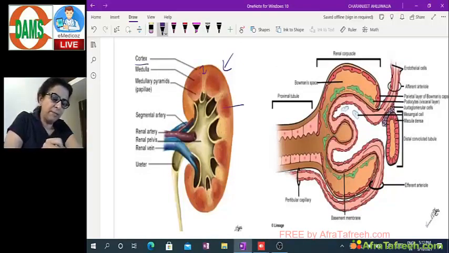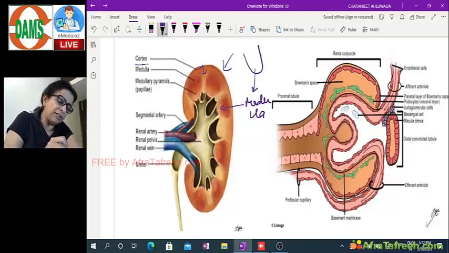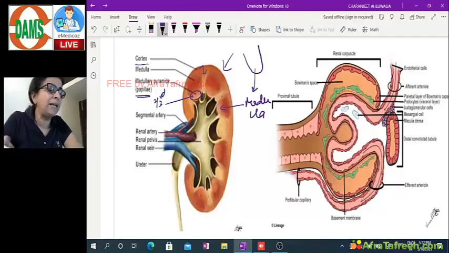The medulla is pyramidal shaped, so these structures are called medullary pyramids. The tip of the medulla, the lower 2/3 portion, is called the renal papillae.